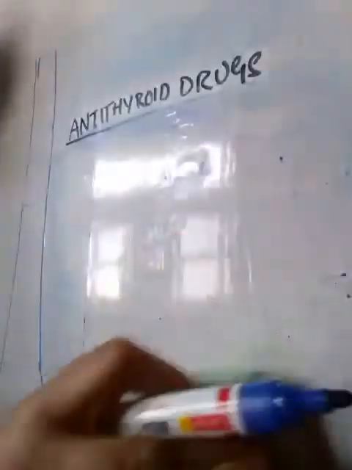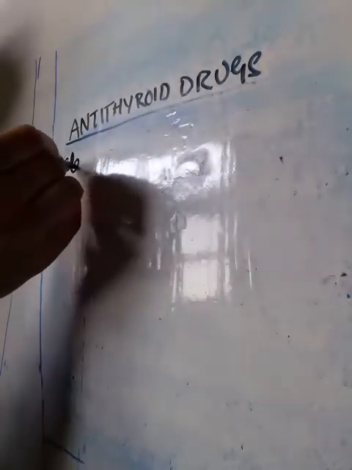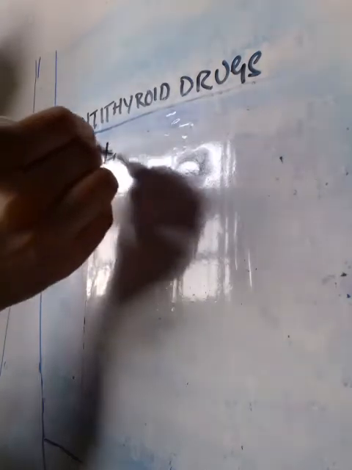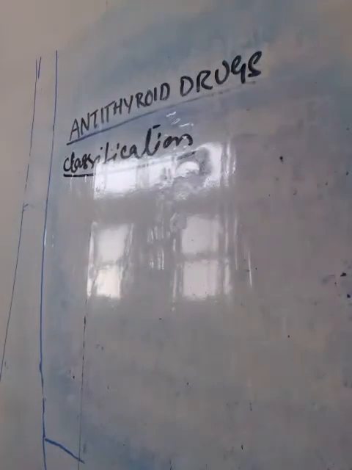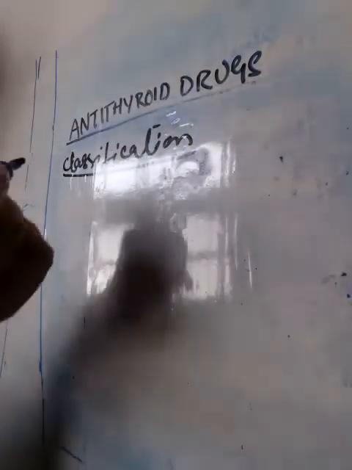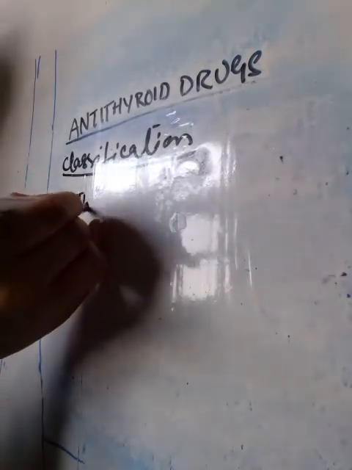Now coming to the classification of antithyroid drugs. In general, we have categorized antithyroid drugs into four main categories. Number first is the thiourea derivatives.